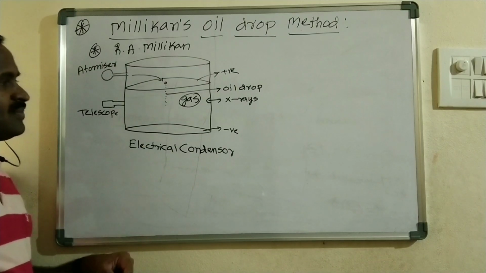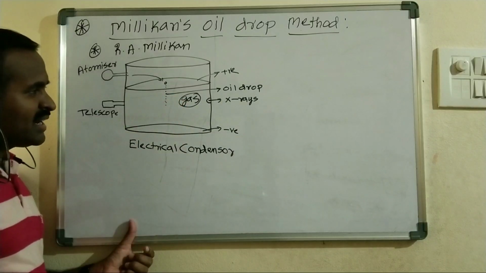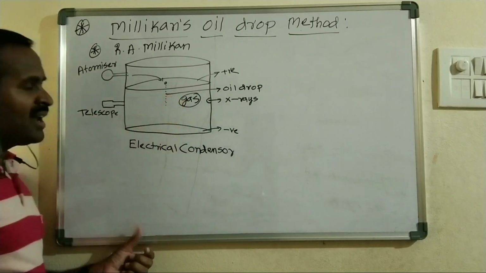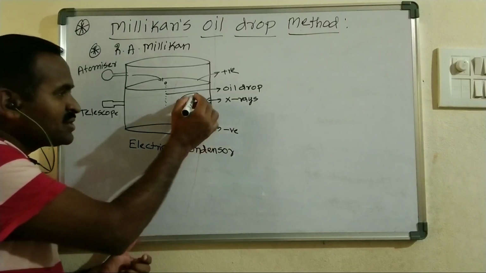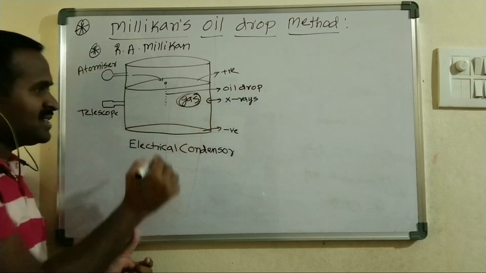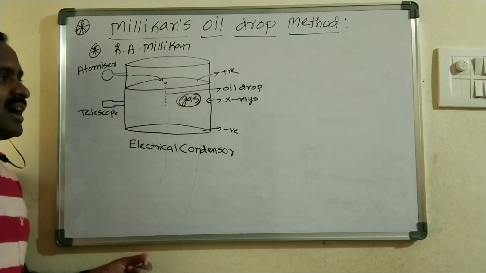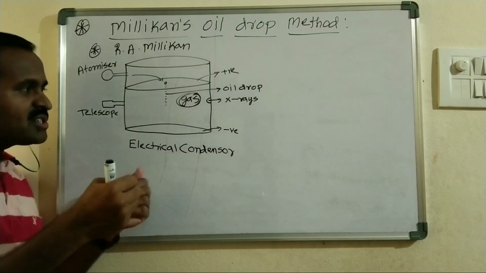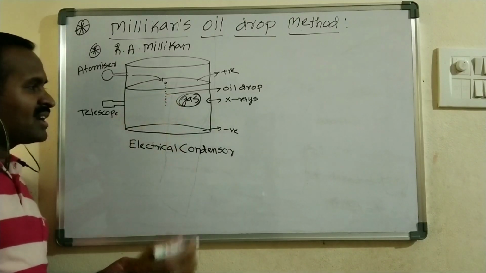And the next point is, whenever these oil droplets fall inside the electrical condenser, they acquire charge by colliding with the gaseous ions present there.